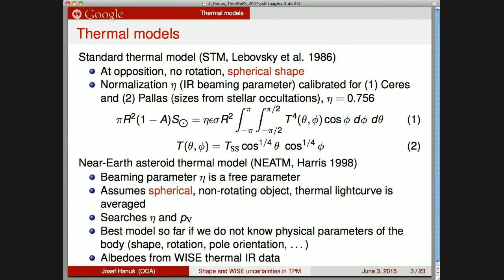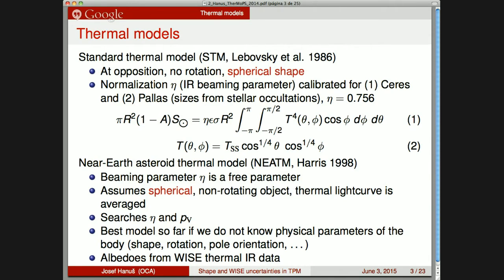These models, together with assumed H and G values, give us diameters and albedos. It's the best model we can use if we do not know any other information about the physical parameters of the asteroid. So it's not surprising that the albedos from WISE were determined by the NEATM model.